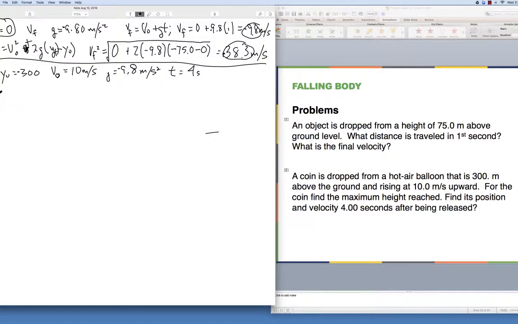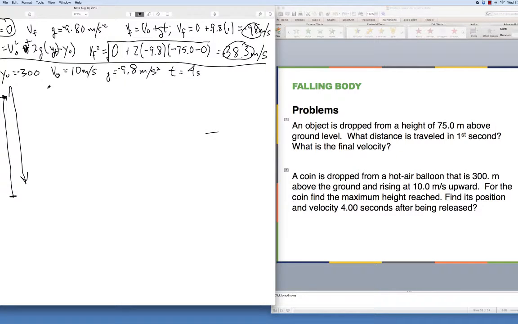It's 300. Let's draw a picture. It'll help you see what I'm talking about here. So here's the ground. Here's the balloon. Initially it's going to go up and then drop. Let's write some of the equations down that we know.